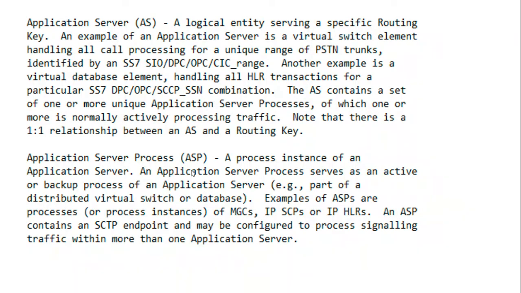Then there's the application server process, ASP, a process instance of an application server. An application server process serves as an active or backup process. This is like a process where we build our application, like MGCs, SCPs, HLRs. All these are application server processes. Like what I have shown there, like MSC.